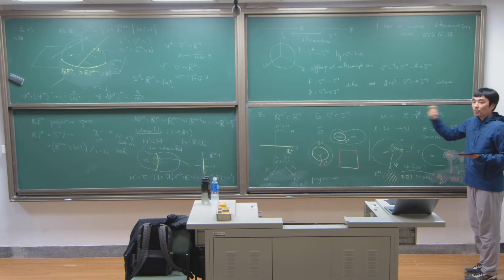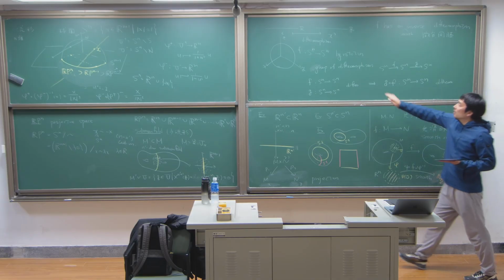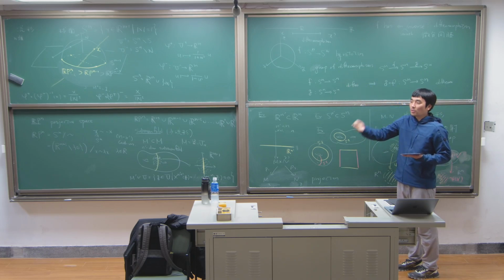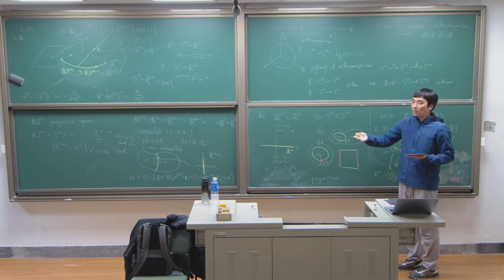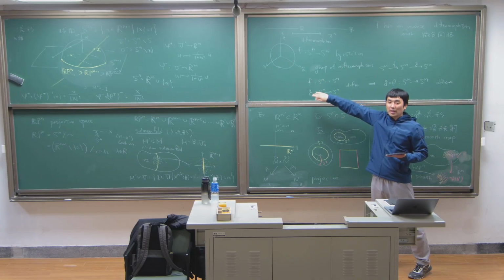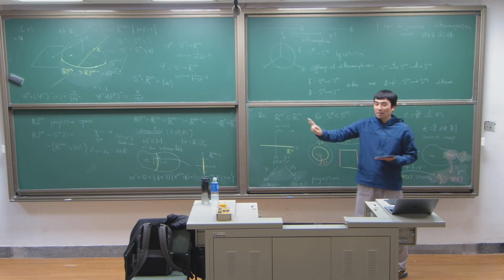Therefore you have a multiplication rule, and the diffeomorphisms form a group, with the identity map as identity.